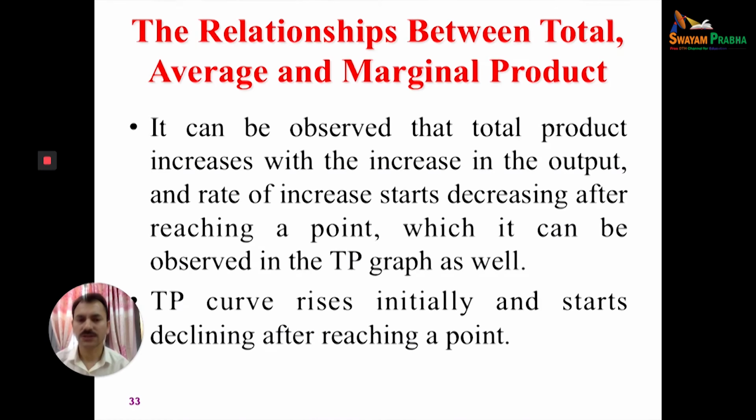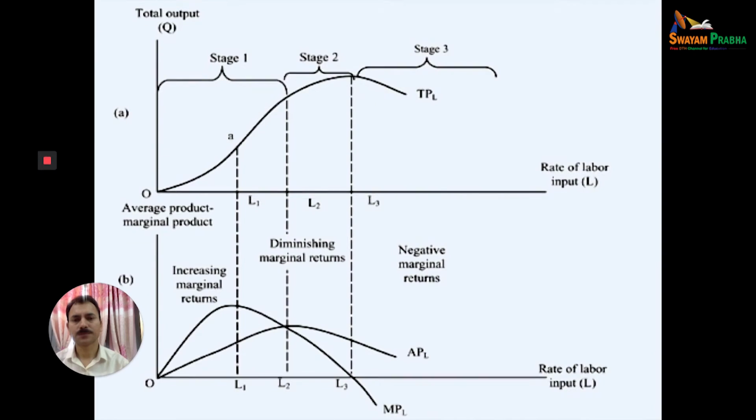Total product is rising in the initial stage and starts declining after reaching a point. So the three stages we'll discuss now with the help of this three stages diagram. First stage, second stage, and third stage.